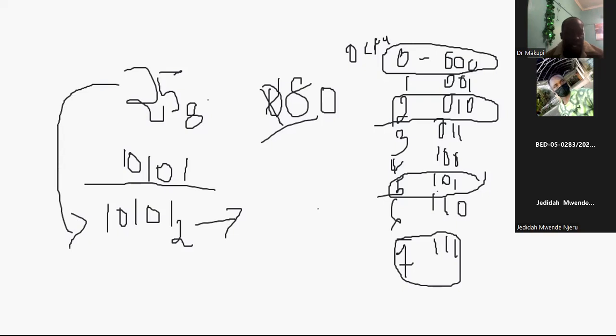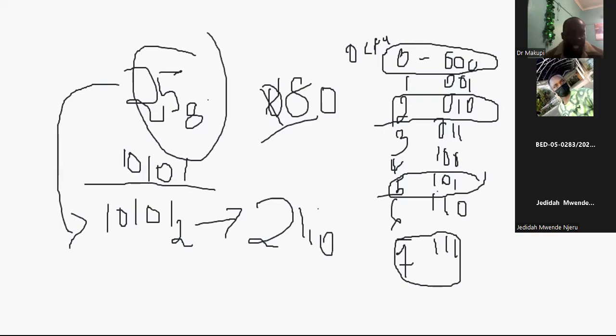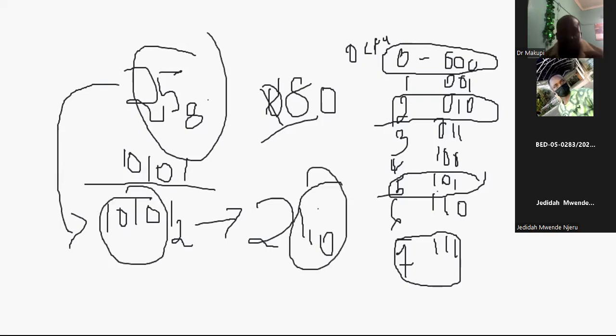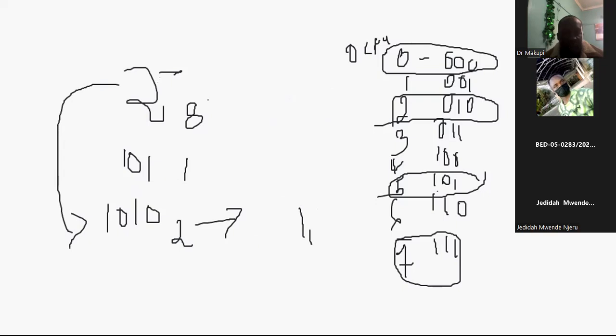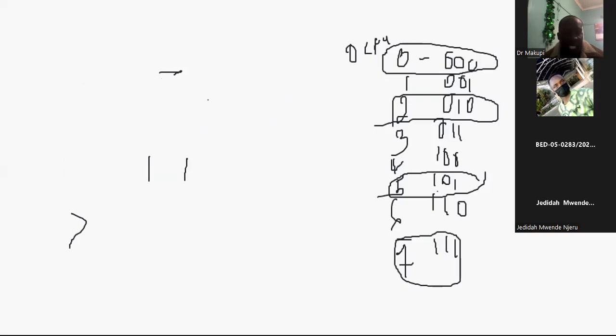You will get 21 base 10. So you can see the octal, the binary, and the decimal equivalent. But you can see how it is very easy when you are using the table of hexadecimal numbers. Most importantly, what you only need to know is which binary numbers the hexadecimal numbers are using.